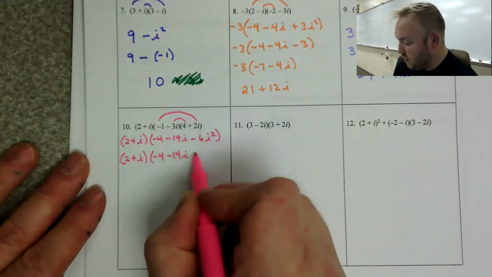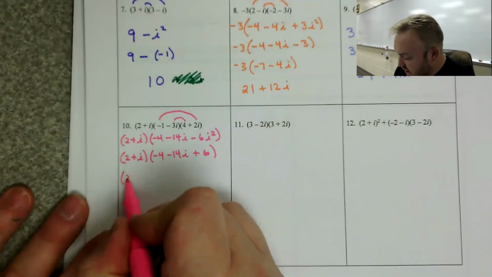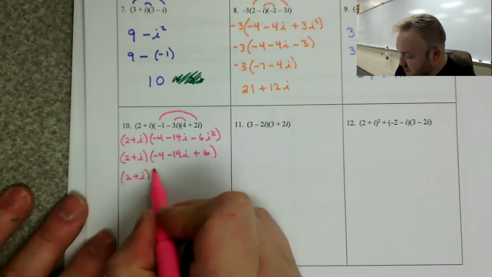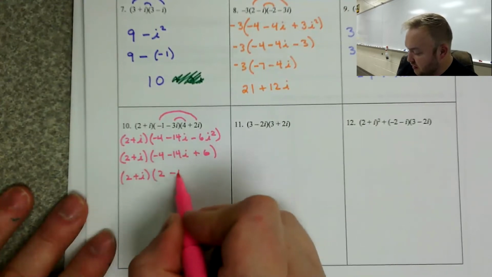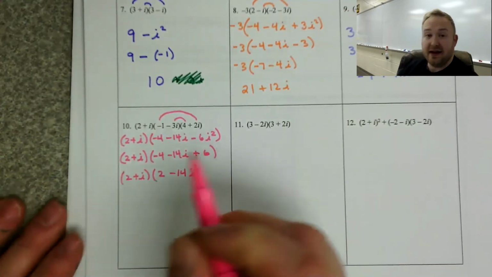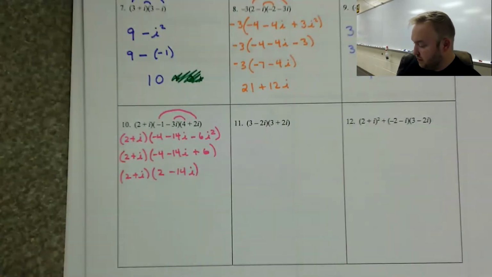Negative 6i squared becomes a positive 6. That's negative 6 times negative 1, which is positive 6. And so now, inside these parentheses, we can combine like terms. Negative 4 plus 6 is 2. So we have 2 minus 14i, and now we get to FOIL all over again. Here we go. 2 times, I'm going to switch colors now.